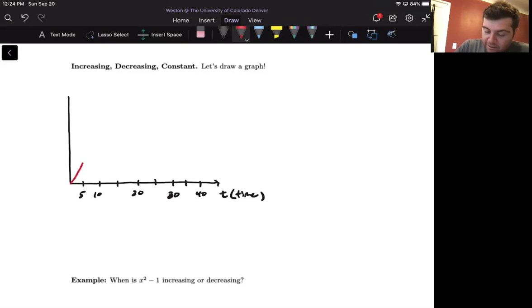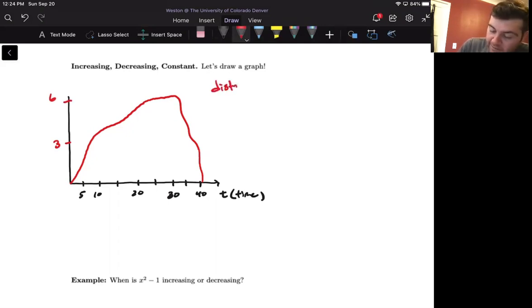And we're going to graph the distance you are from your house, and maybe it looks something like this. Where this can be 3 for 3 miles. This can be 6 for 6 miles. So this is distance from home.